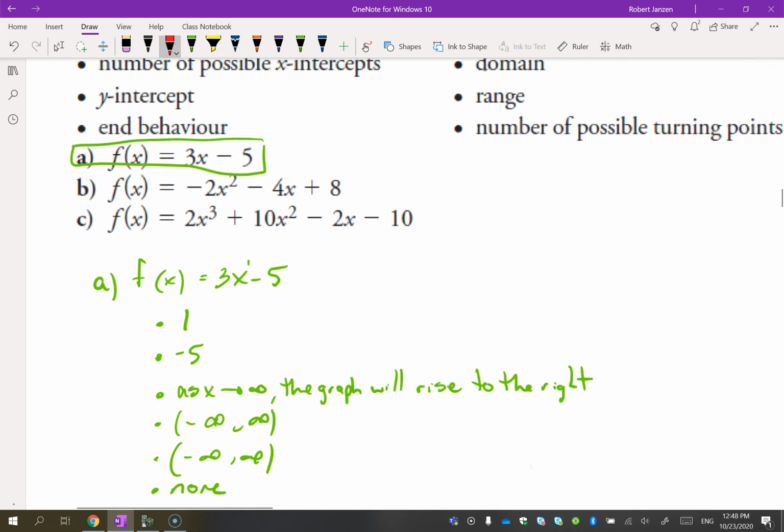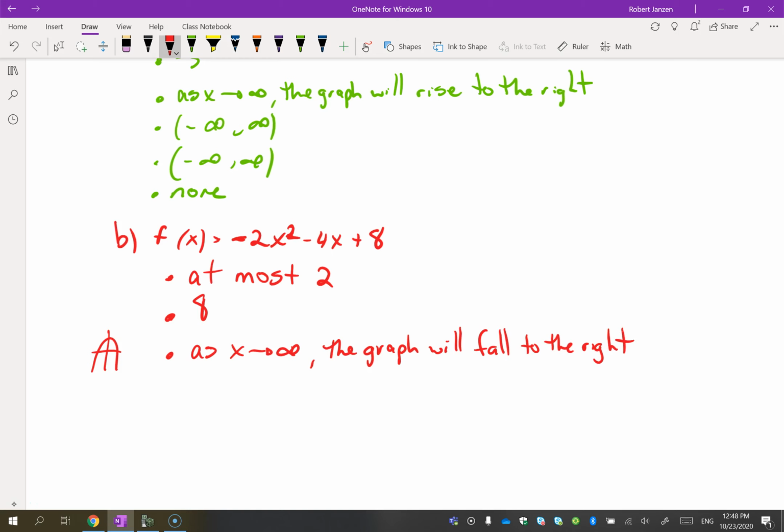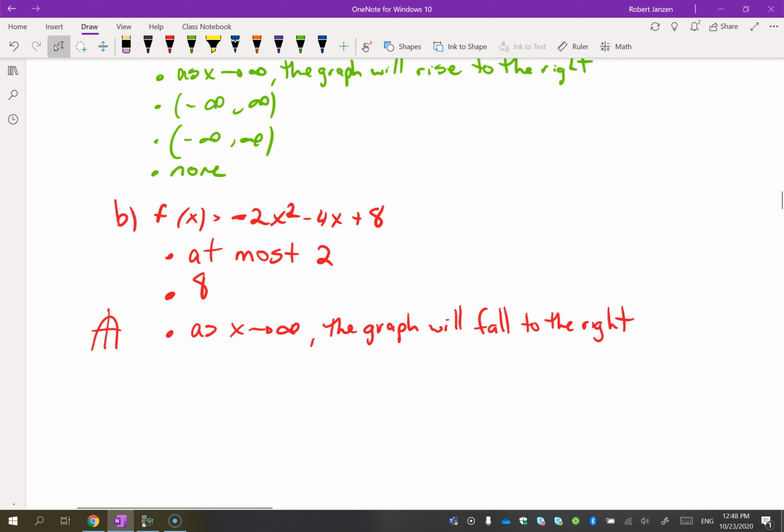Okay, next question is, what is the end behavior? Well, this has a negative coefficient, so you know this is a parabola that opens down. So as x approaches infinity, the graph will fall to the right. Okay, and then we want to do the domain. The domain for all of these graphs is going to be negative infinity to infinity.